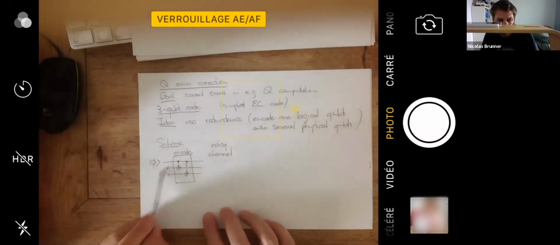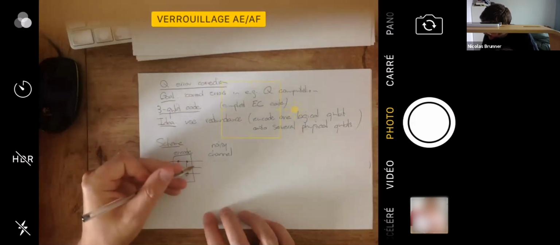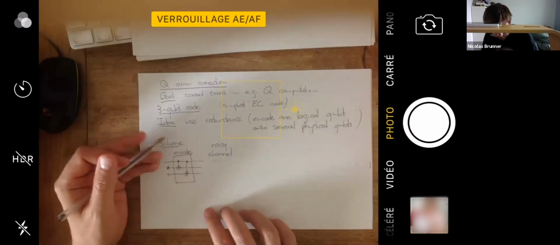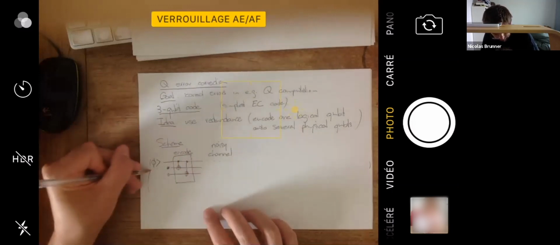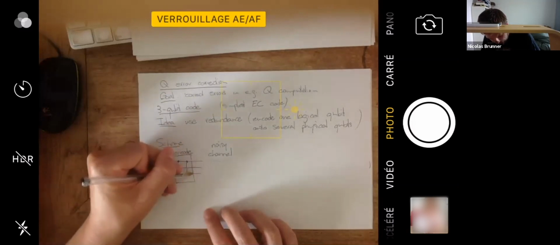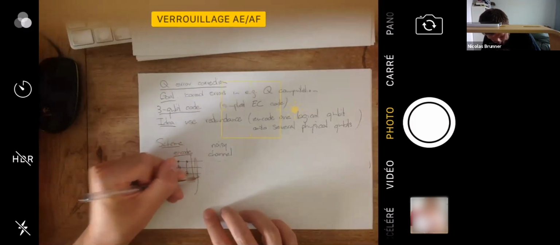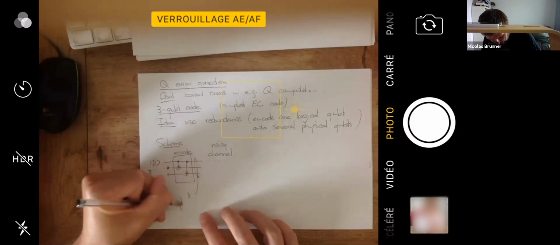So I take my input qubit state, which is my logical qubit, and I encode it onto these 3 qubits here, which are my 3 physical qubits.